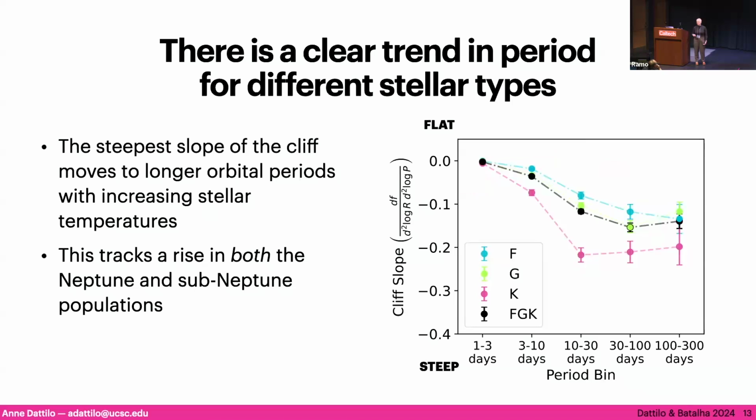We have a lot of Neptunes pretty quickly, and so it takes a while for the relative number of Neptunes and sub-Neptunes to get to a steep place. So the radius cliff is a strong function of both stellar type and orbital period. And so whatever is driving and causing this cliff shape must be affected by those things.